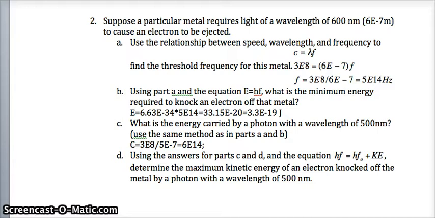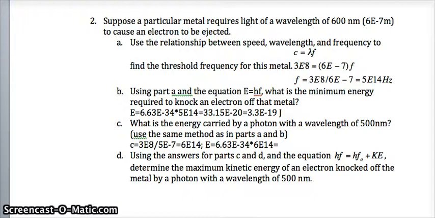Then to figure out the energy, we take hf again. So the energy is hf, which is 6.63 times 10 to the negative 34 times 6 times 10 to the 14th.